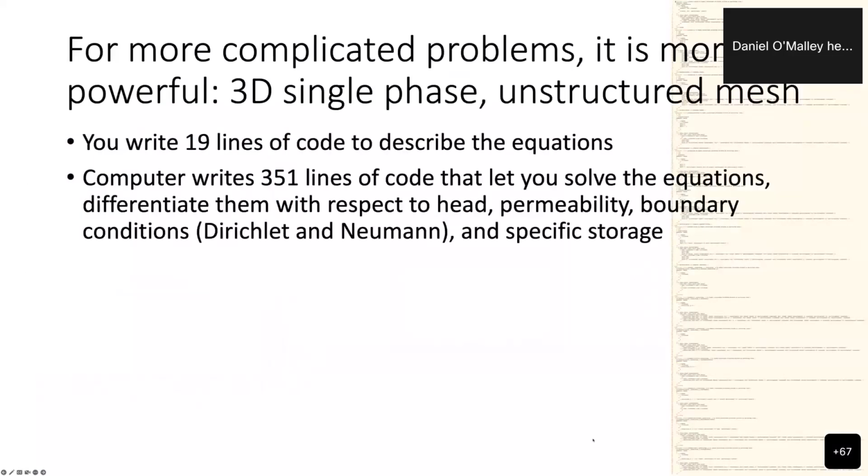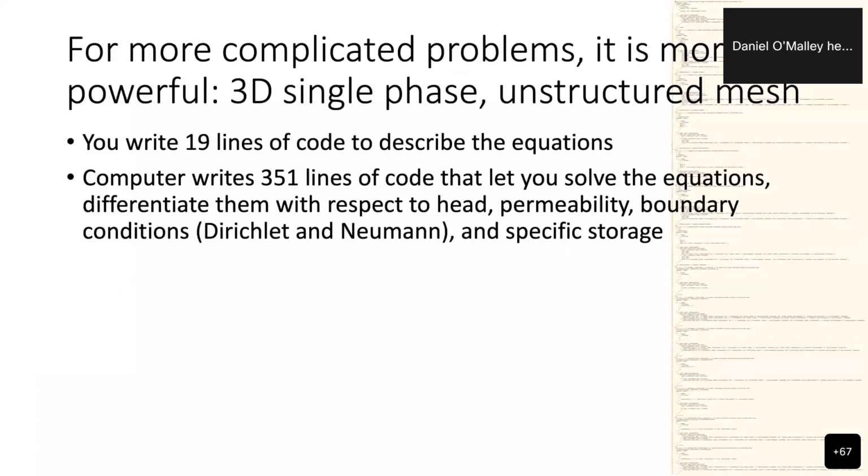And if you think about a more complex model, what I previously showed was just 3 equations with a structured mesh. If you wanted to write a code for a 3D single phase flow simulator on an unstructured mesh, you would write 19 lines of code.